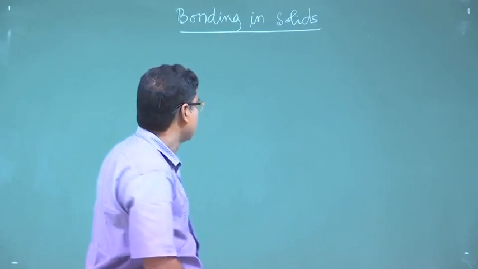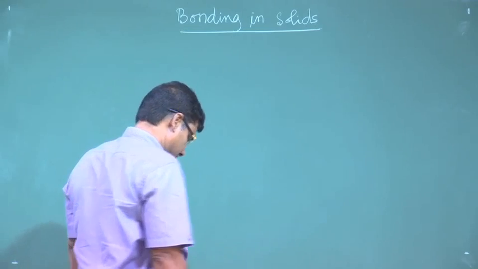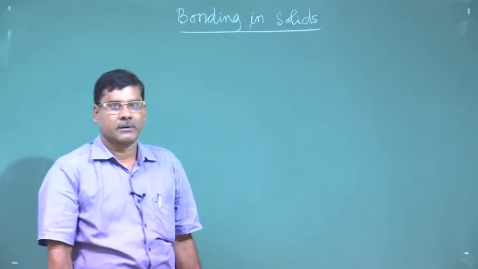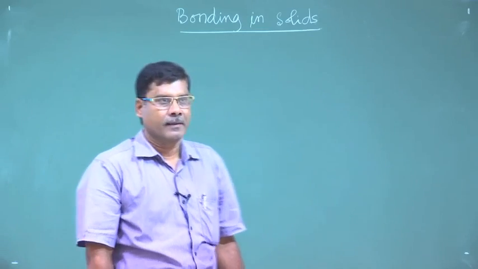So, there are mainly 5 types of bonding found in solid crystals.